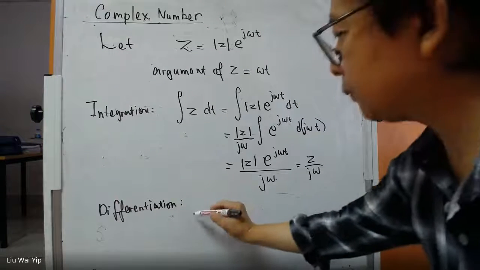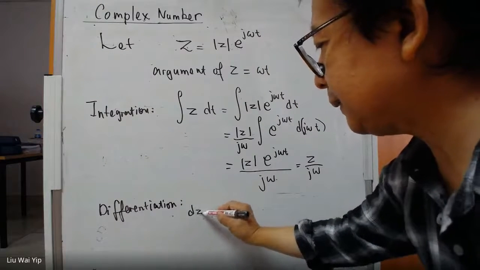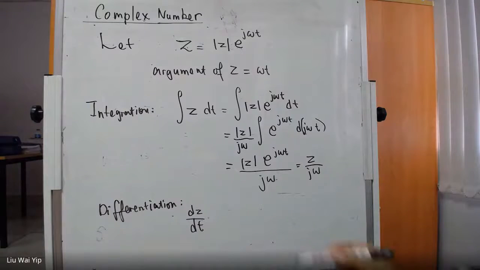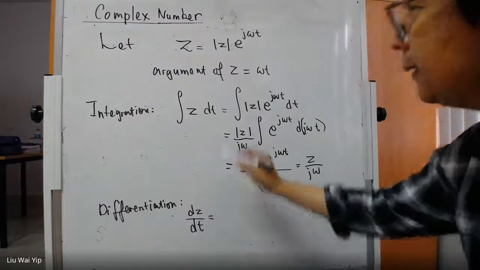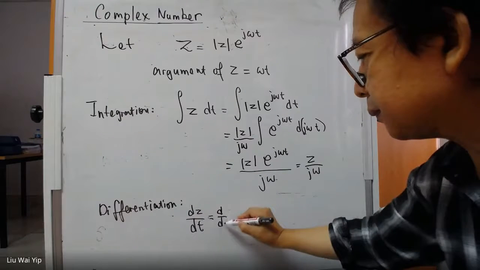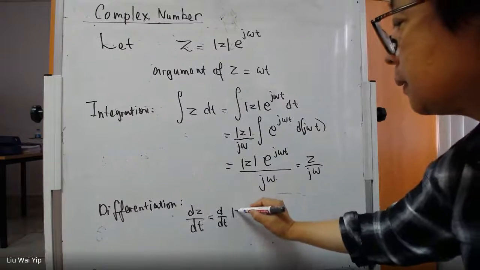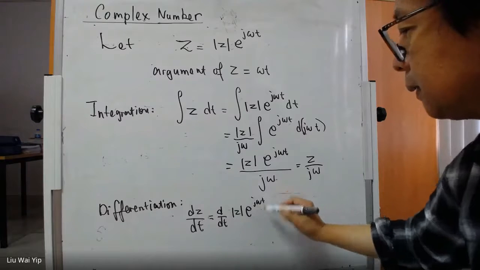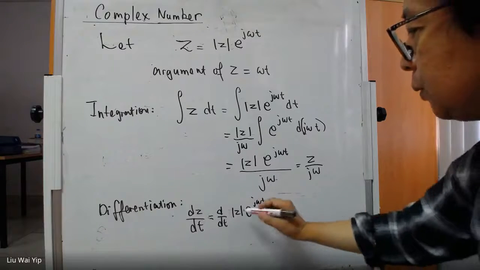We are going to find dZ/dt and see what happens. And Z is going to be this guy. Again, you need to use the chain rule.